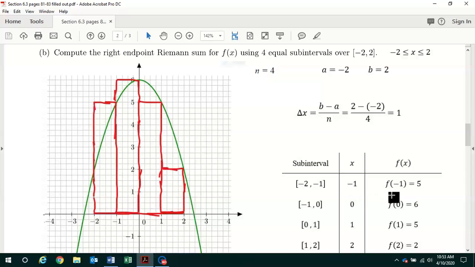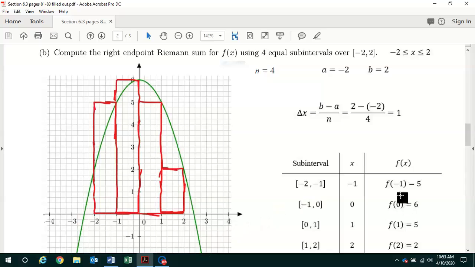Now we have to find the value of f of -1, f of 0, f of 1, and f of 2. We're not given the algebraic expression for the function f of x, just its graph, which is here in green.